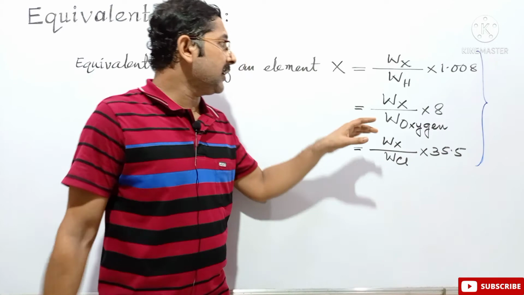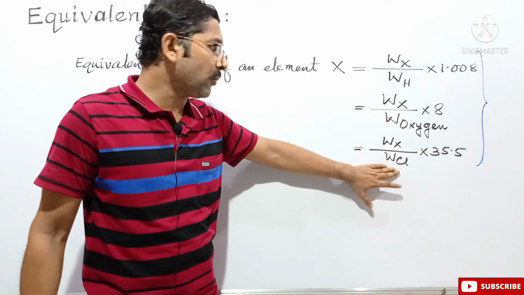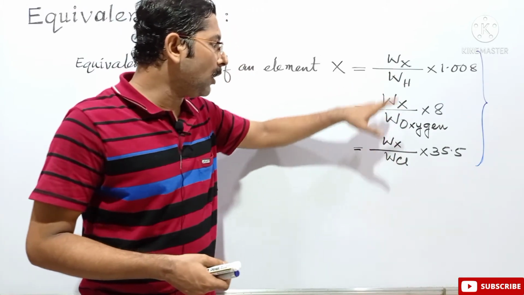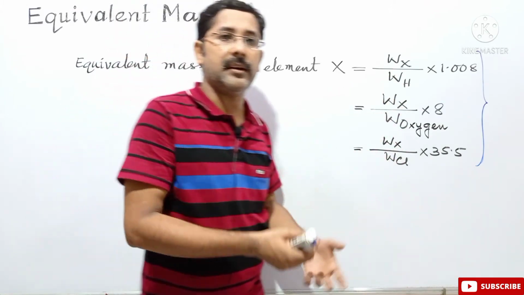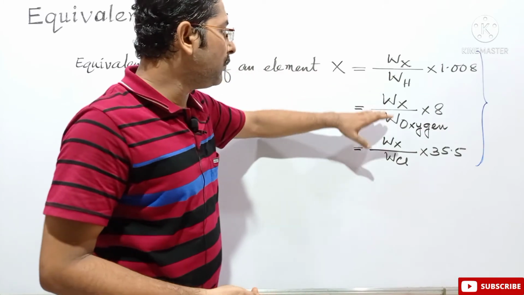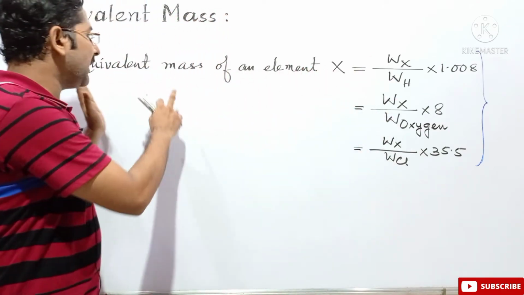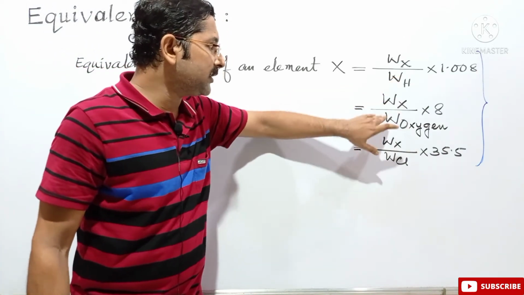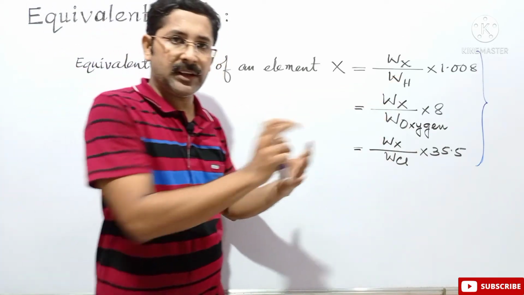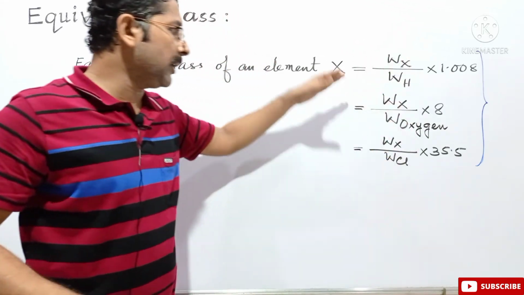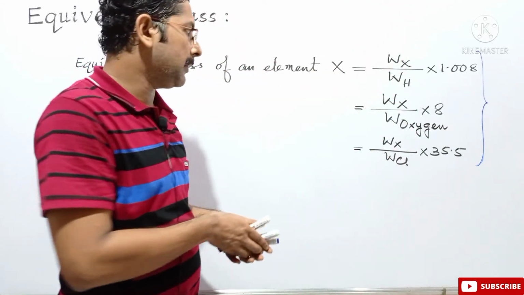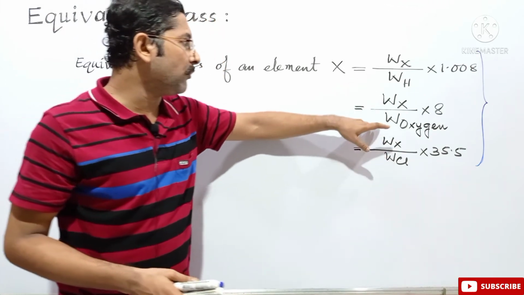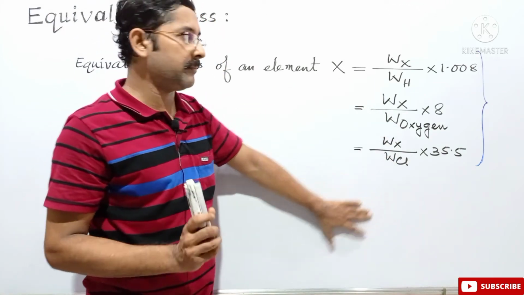But also look here, hydrogen, chlorine and oxygen, these three are gaseous. So sometimes the volumes of these three elements have been given. So from that volume we can calculate the equivalent mass of the element also. When the volumes of hydrogen, oxygen or chlorine have been given, these formulae can be modified with respect to volume.